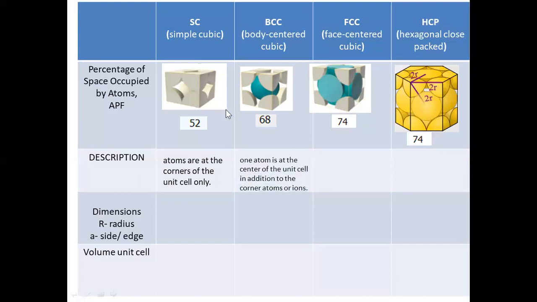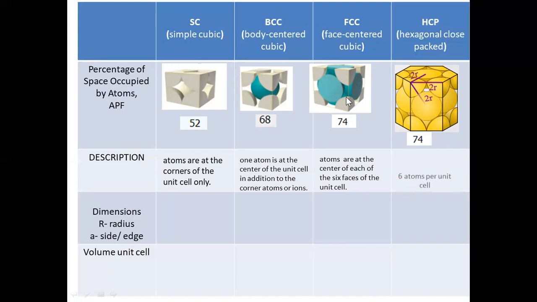For BCC, one atom is at the center of the unit cell, and the other atoms are located at the corners of the unit cell cube. For FCC, as you can see on the figure, atoms are at the center of the faces, and the other atoms are located at the corners of the cubic unit cell.